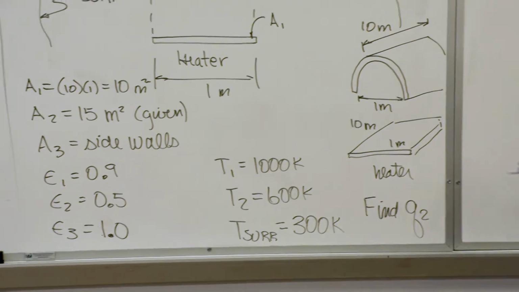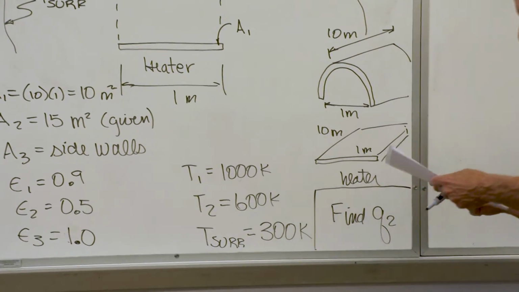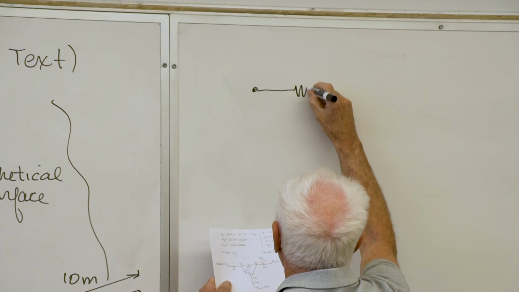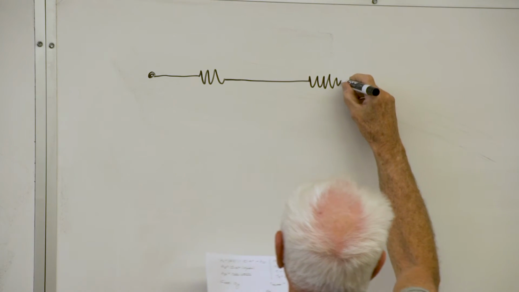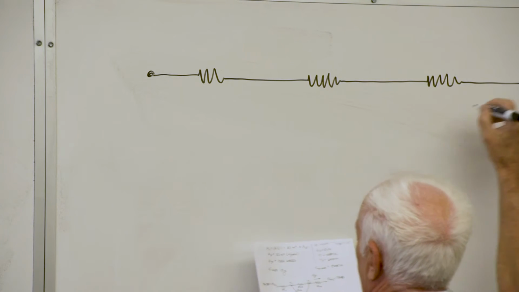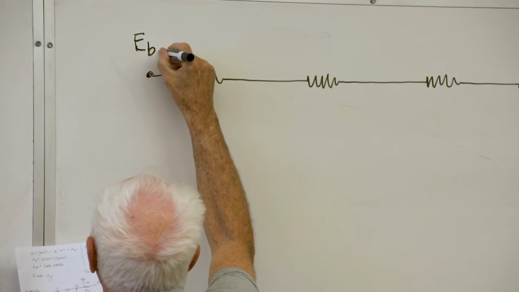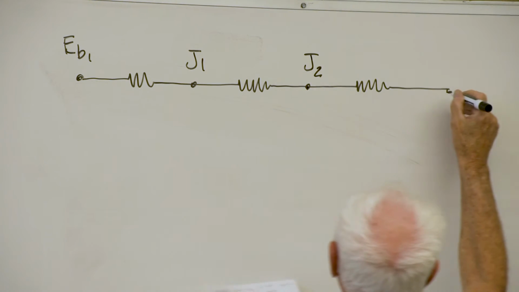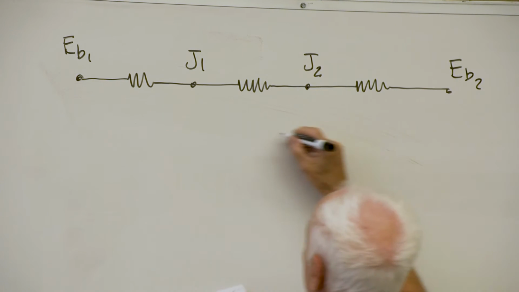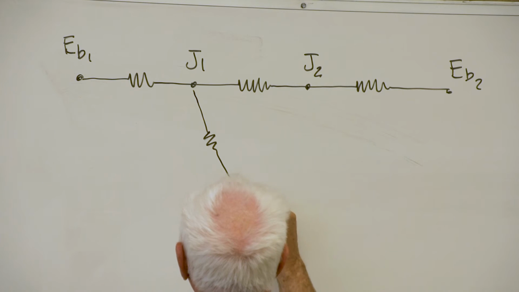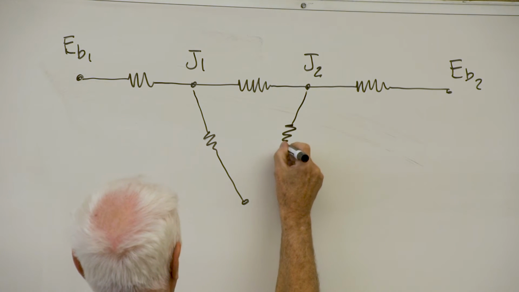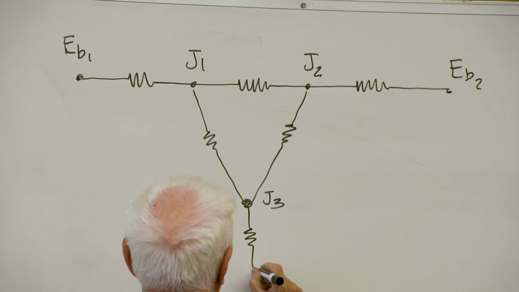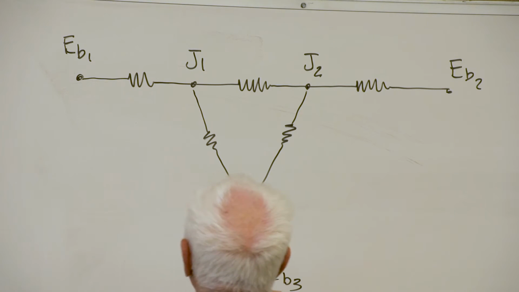Find Q2, okay. If you want to, we can draw a circuit. EB1, J1, J2, EB2, J3, EB3.